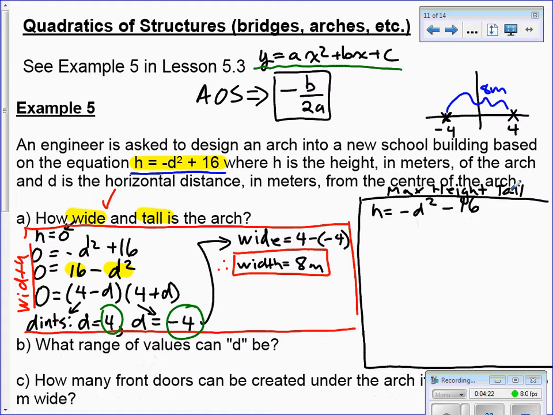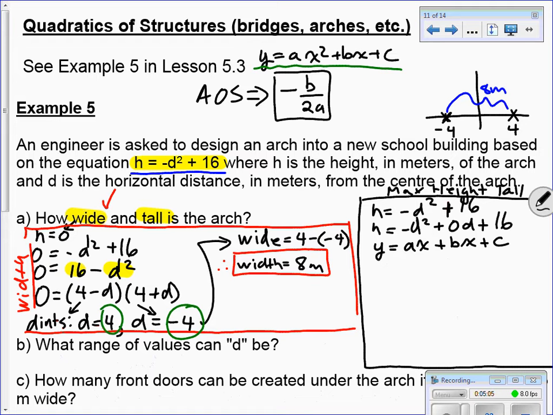You're going to start with negative d squared plus 16 and write it out as h equals negative d squared plus 0d plus 16. So that means our a is equal to negative 1, our b is equal to 0, and our c is equal to 16.